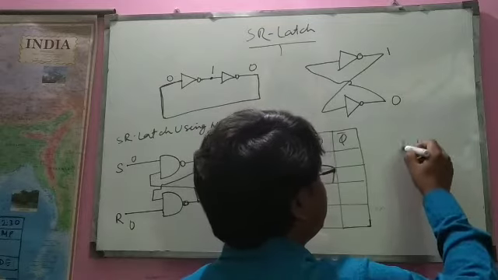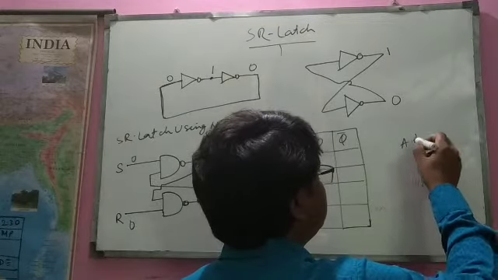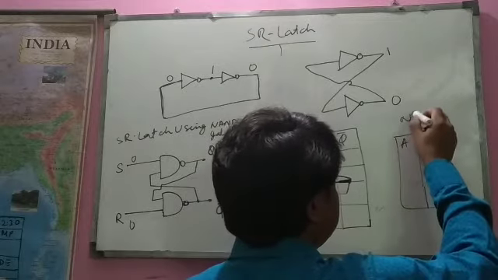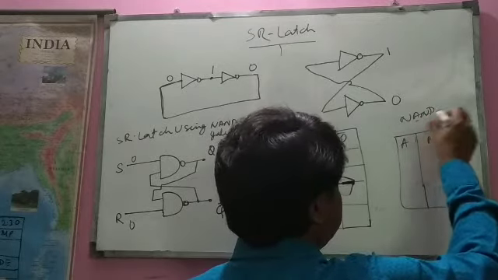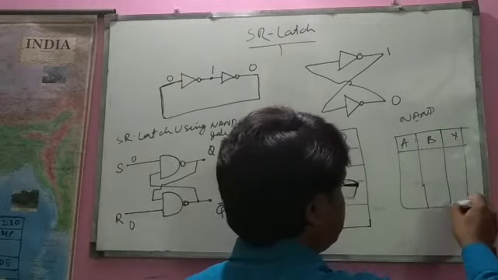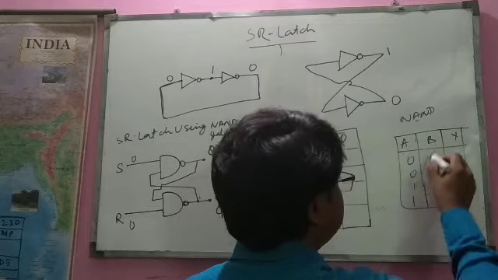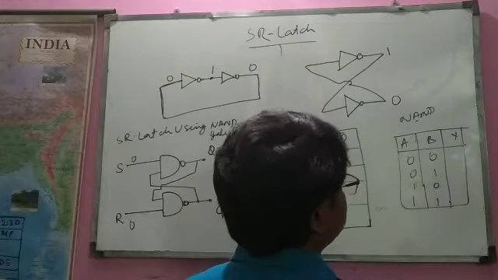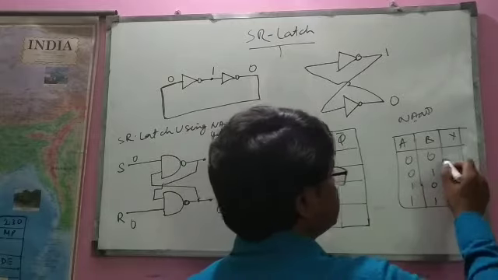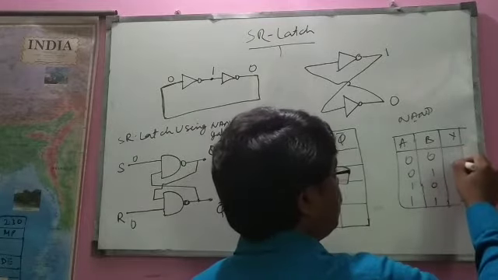Here it is A, here it is B, 2 inputs, NAND gate is there, and here it is the output of the NAND gate. So what happens? 0 0, 0 1, 1 0, 1 1. NAND gate means opposite of AND, so AND is 0 0 0 1, and NAND is 1 1 1 0.